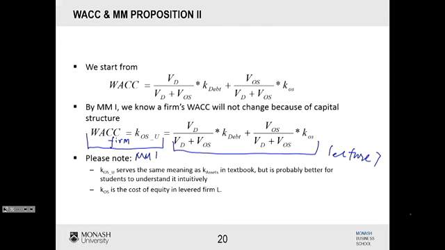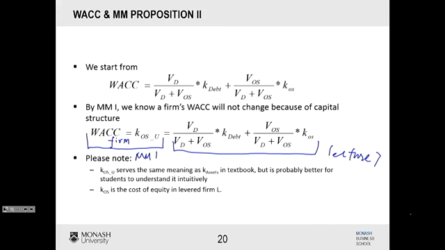So we have these 7 notes here to make it easier for students to understand. Please note that kappa OS underscore U serves the same meaning as kappa assets in the textbook, but it's probably better for students to understand intuitively why.